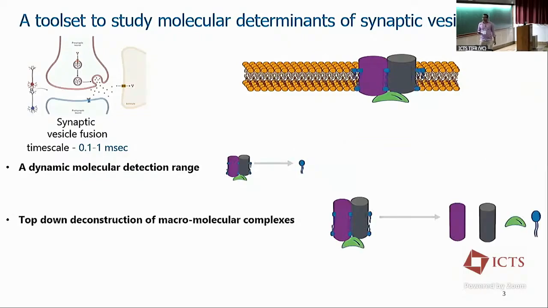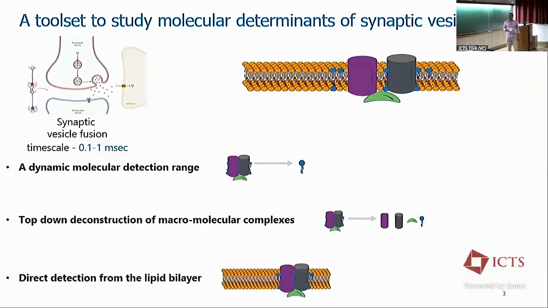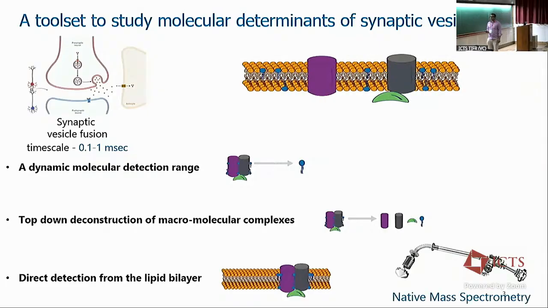Once you detect the complex, you have to be able to deconstruct it into its molecular entities for unambiguous identification. And most importantly, you have to be able to detect these complexes directly from the bilayer. So I have taken mass spectrometry, particularly a native mass spectrometry approach, to achieve all these goals.